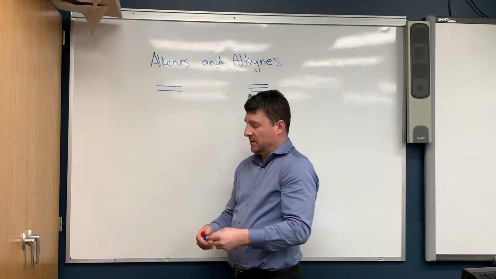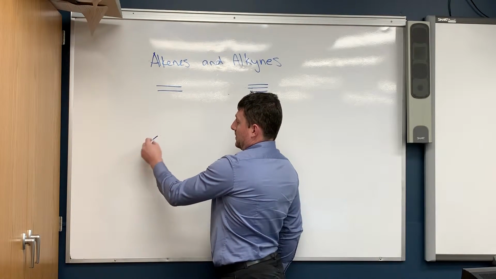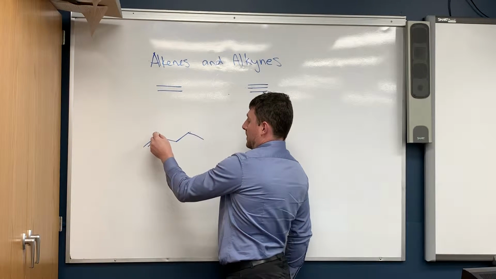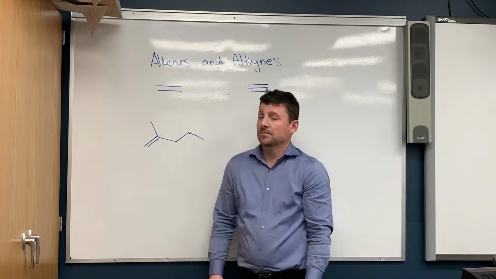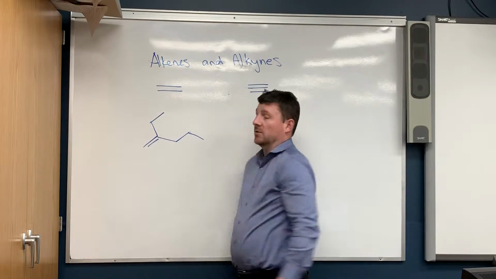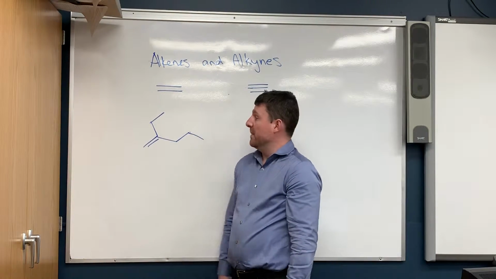So when we have branches, we have to make sure, of course, that our double bond, so say we did that, or we can even do this, just to make it interesting. We have to make sure our double bond becomes part of the main chain.